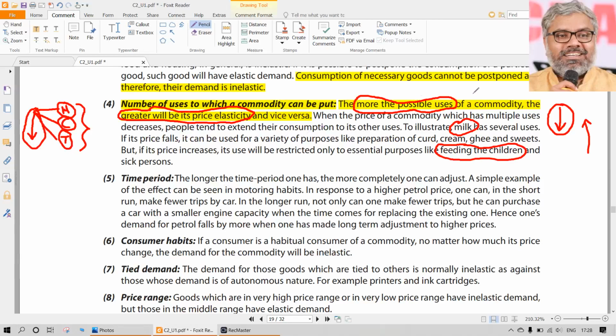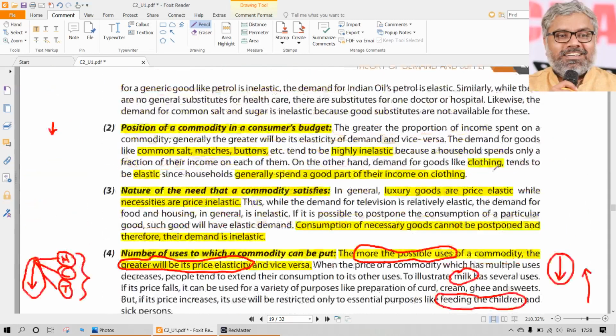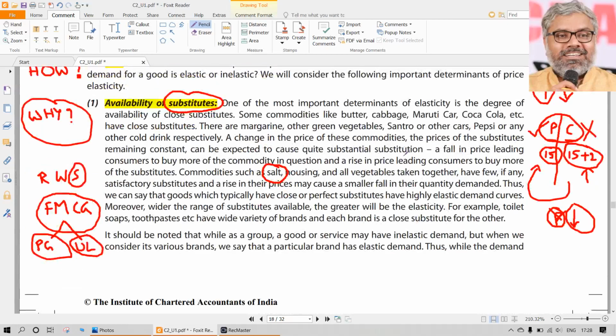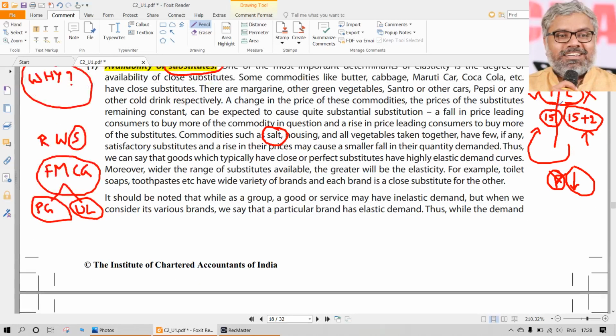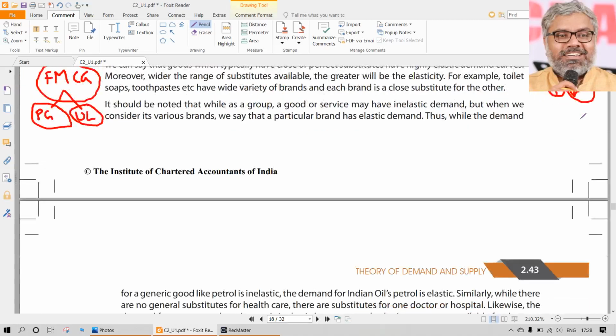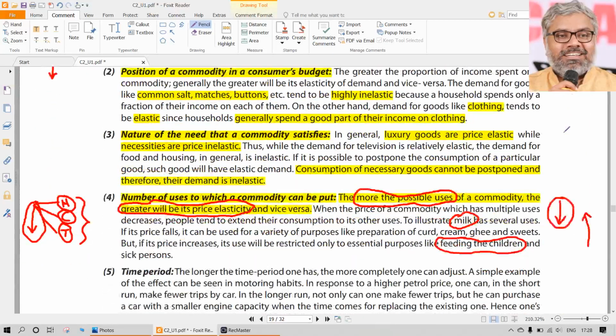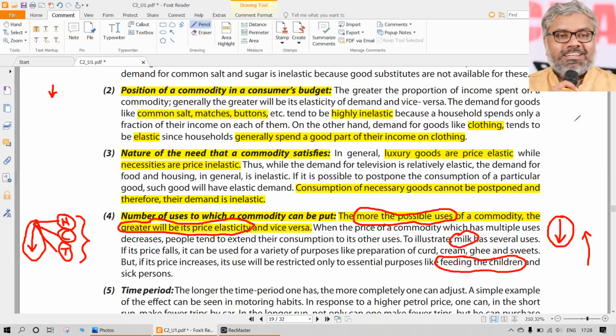Why is that happening? Everybody knows; there is nothing new in this. In society, we know very well how people behave. Take the Pepsi and Coca-Cola prices, which are very near to each other. Why is that? Because they are such close substitutes.